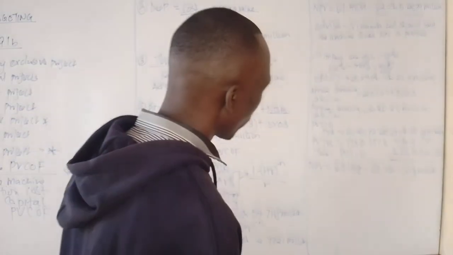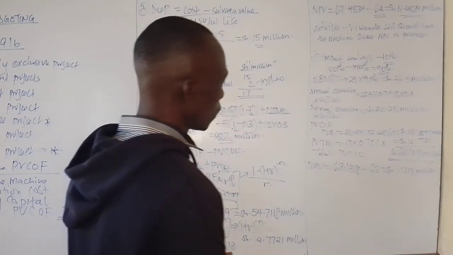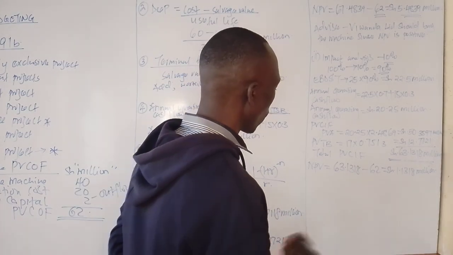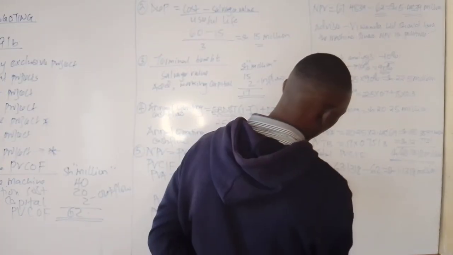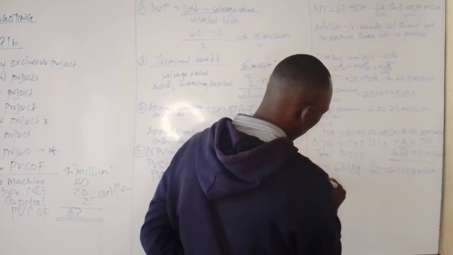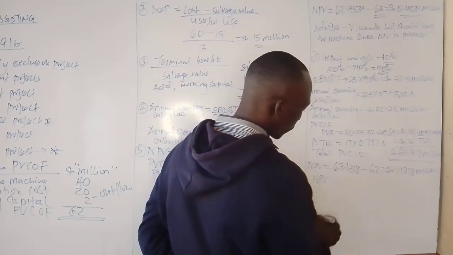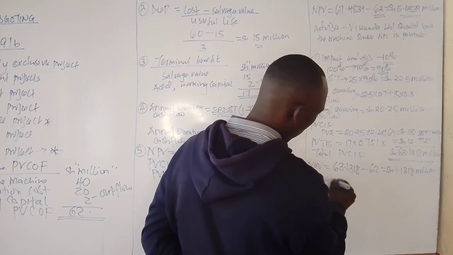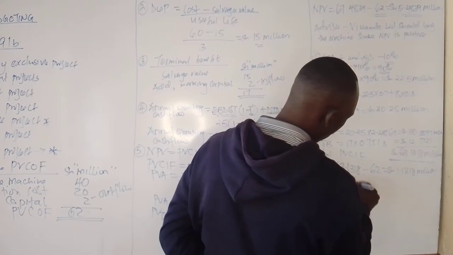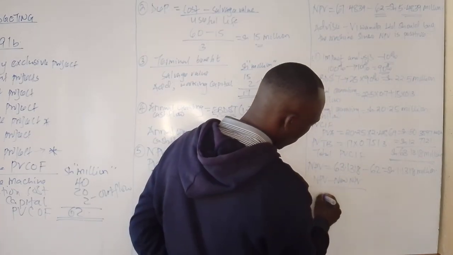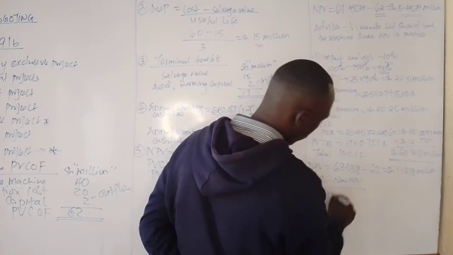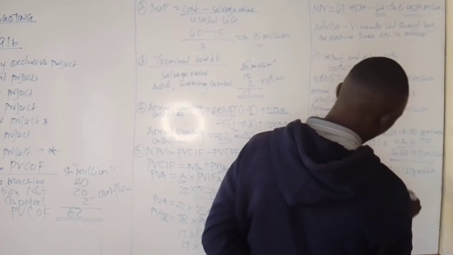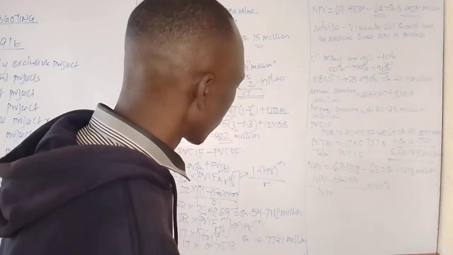So let us evaluate the percentage change of the NPV. How are we going to evaluate the percentage change or the effect? We are going to take the NPV, the initial NPV, then we subtract the new NPV. Then we divide by the initial NPV, and then we multiply by 100% for us to get that effect.